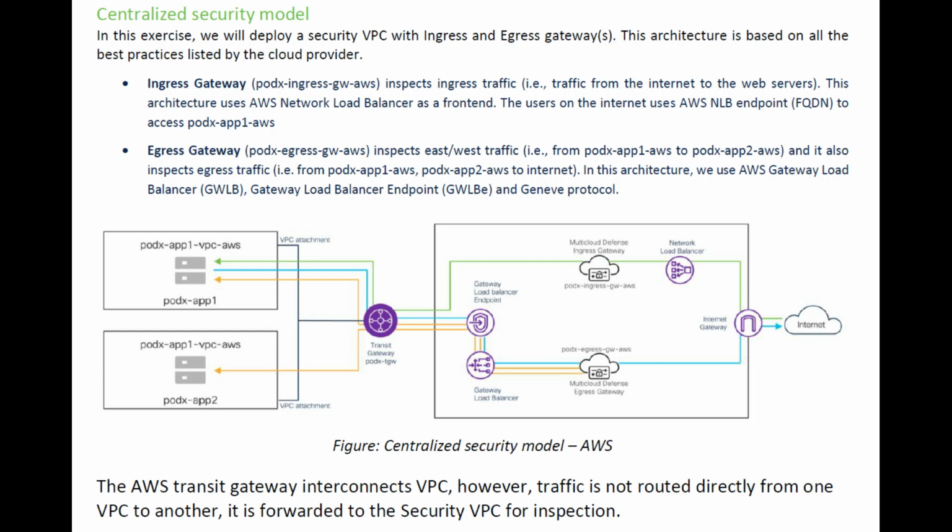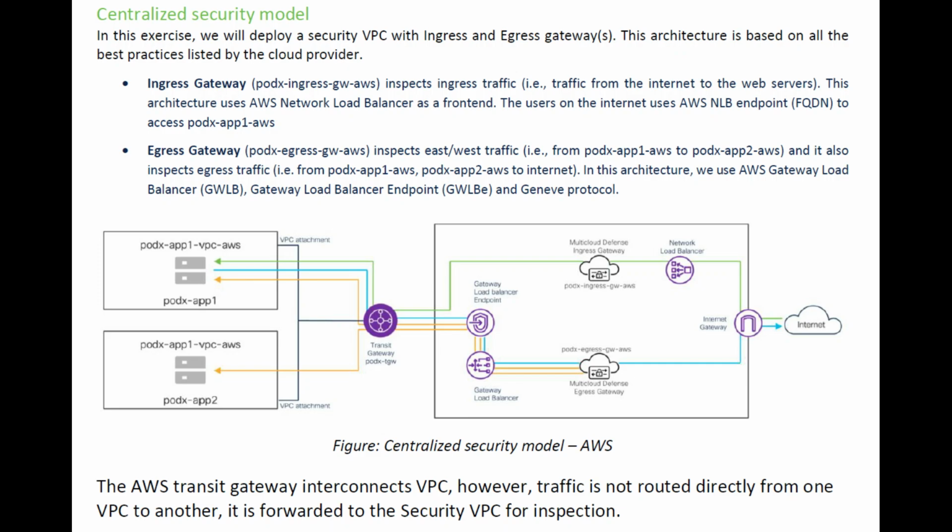Then we've got the egress gateway, pod 33-egress-GW-AWS. This inspects east-west traffic from pod 33 app 1 to pod 33 app 2. And it also inspects egress traffic from pod 33 app 1 AWS and pod app 2 AWS to the internet.